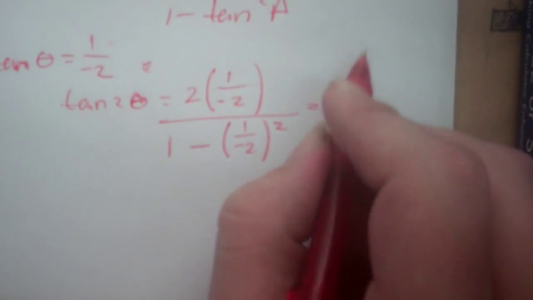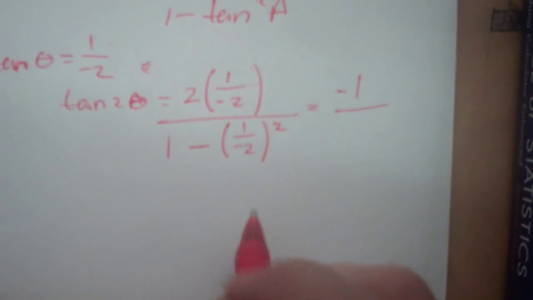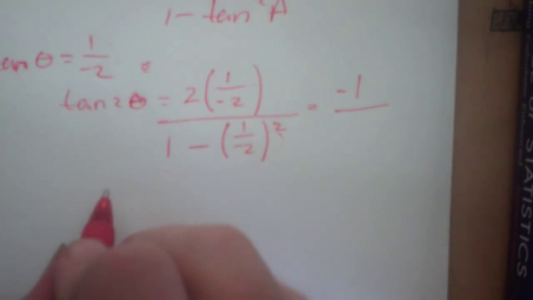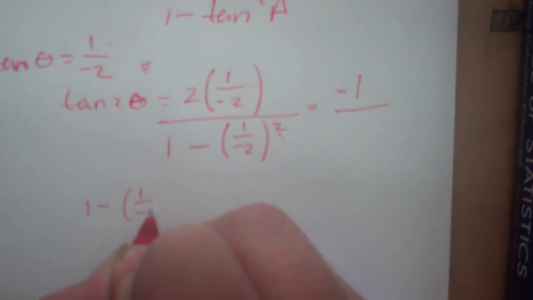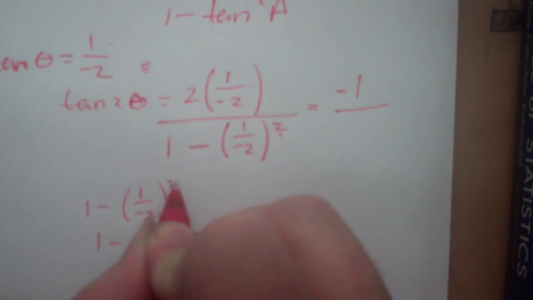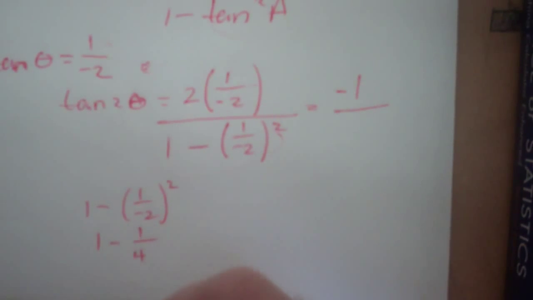2 over negative 2 is negative 1 over, we can simplify this denominator here. This is 1 over negative 2 squared. This becomes 1 over 4. And 1 minus 1/4, this is like 4 over 4. So 4 minus 1 is 3/4.